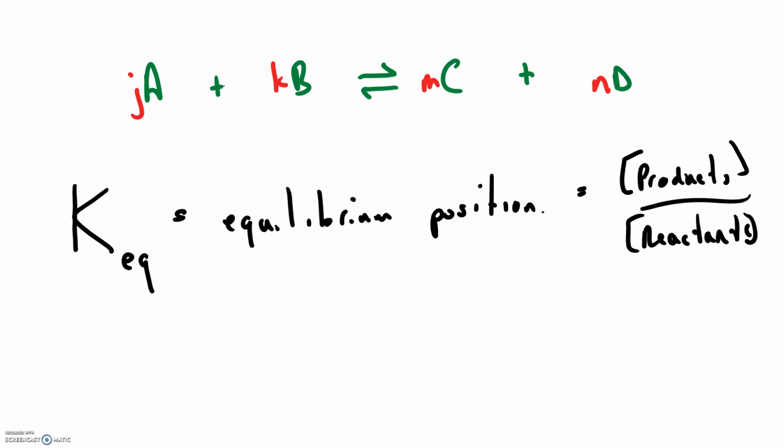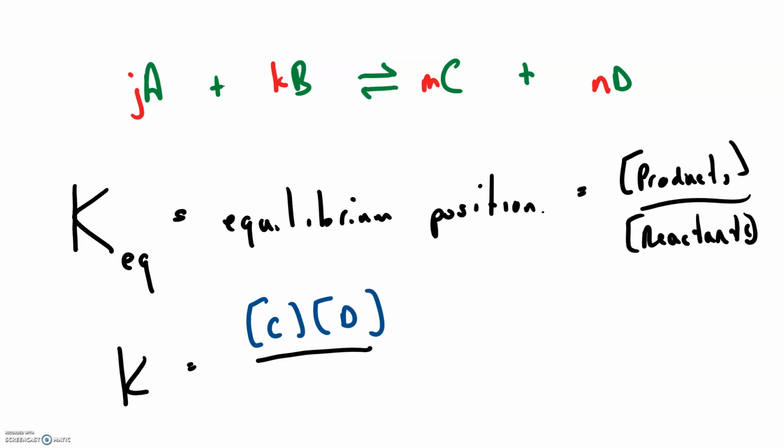And so for a reaction that looks like this one, K is equal to the ratio of products, concentration of C times the concentration of D, raised to their respective coefficients, M and N, over the reactants, A and B, raised to their respective coefficients, J and K. And this gives us a value that tells us what the equilibrium position is.